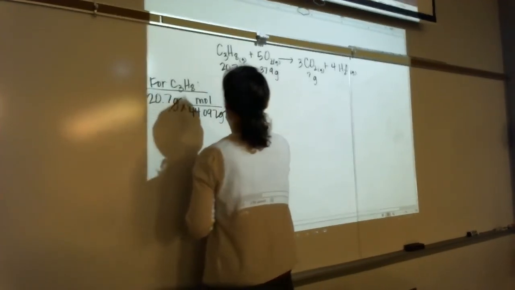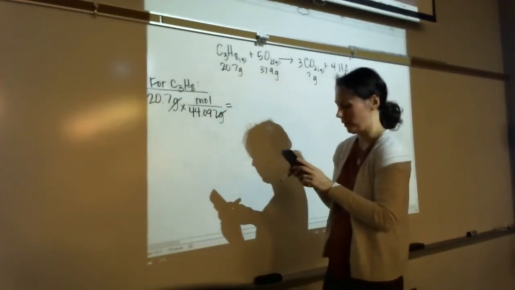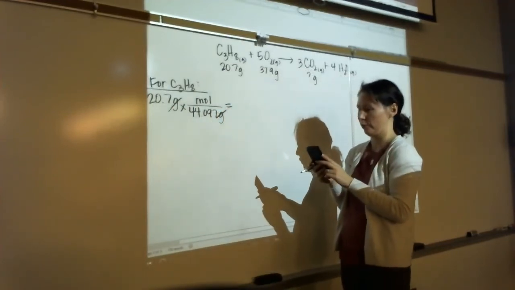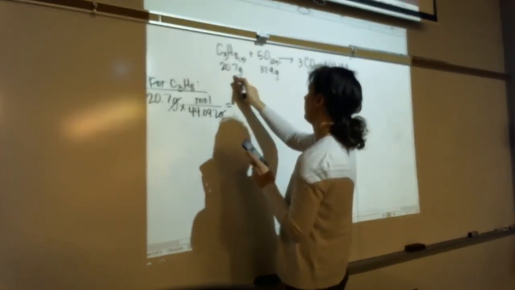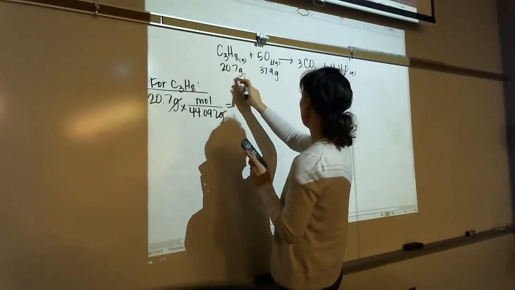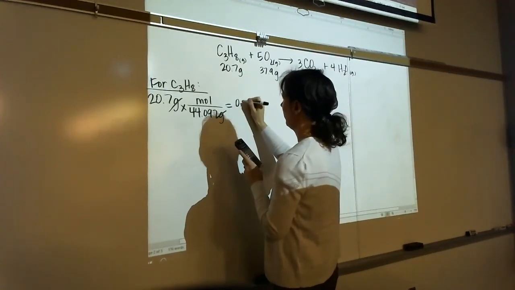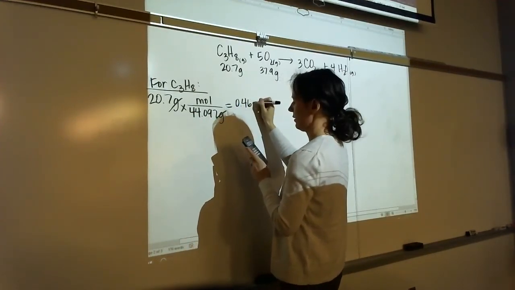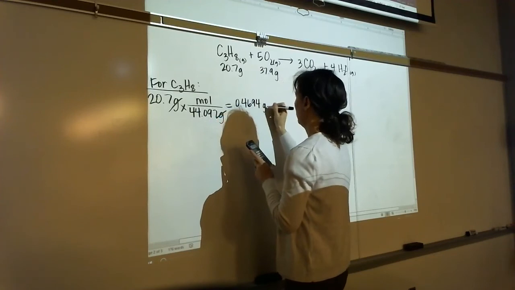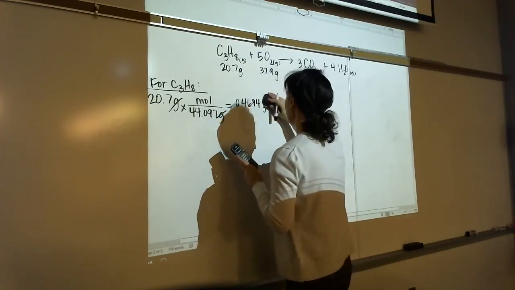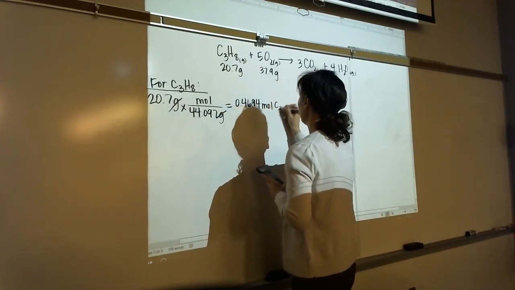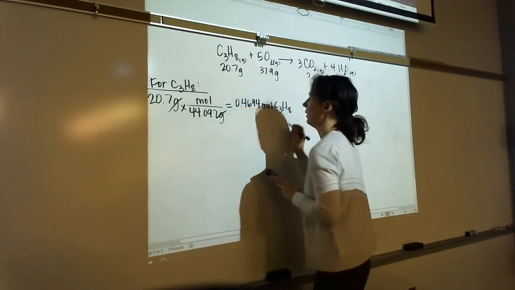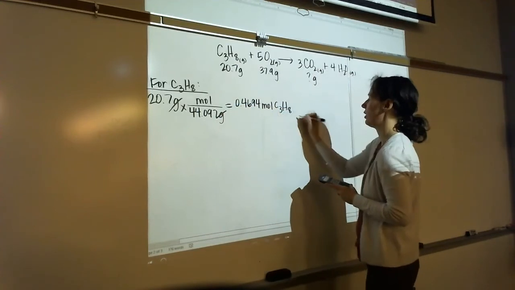All right, so grams cancel, that gives me moles. So 20.7 divided by 44.097. So that gives me, we're carrying out at least 2 decimal places, 0.4694. Oops, not grams. Moles C3H8. All right, now let's multiply by the mole ratio.